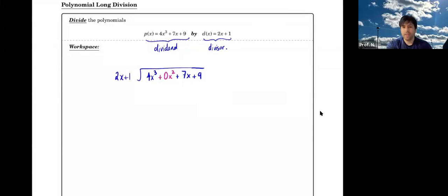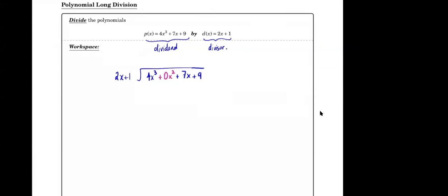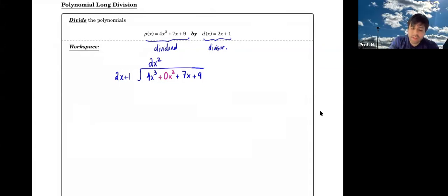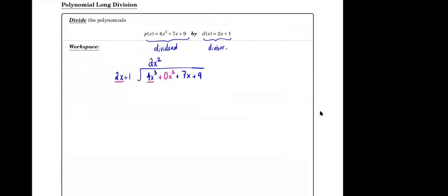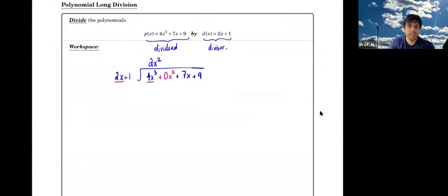That's right. And what do you get? That'll be 2x squared. So the idea is, we look at 2x and see how many times it goes into 4x cubed, or we can divide 4x cubed by 2x. And then we find that the result is 2x squared. So if I multiply 2x squared with 2x, I get 4x cubed.